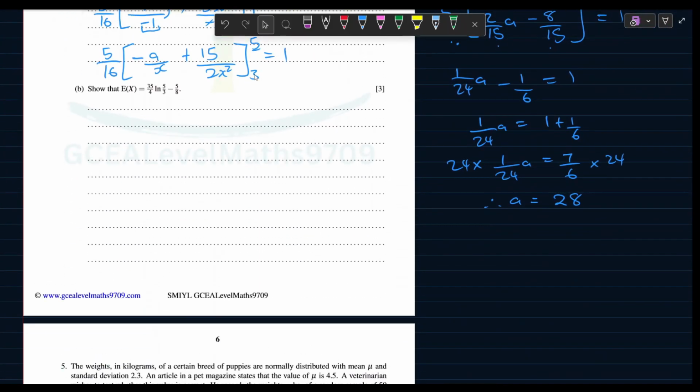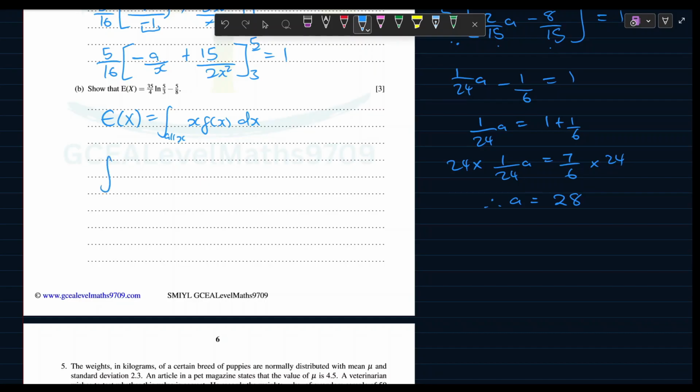Part B says, show that the expectation of x is 35 over 4 ln 5/3 minus 5 over 8. Alright, so the formula for expectation is the expectation of x is equal to the integral over all x of x f of x with respect to x. So this just means integrate from your lower bound to your upper bound and then multiply x times your f of x with respect to x.